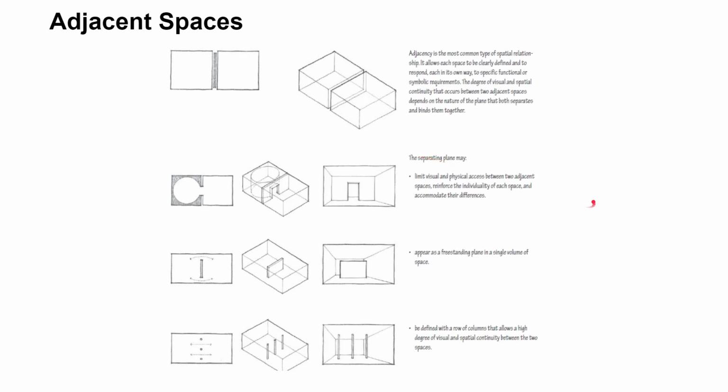So with a separating plane, it may limit the visual and physical aspect between two adjacent spaces. Therefore, it reinforces the individuality of space and accommodates their differences. So this is very typical in interiors.